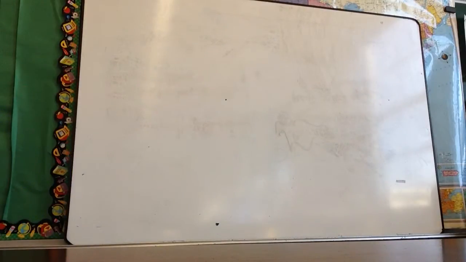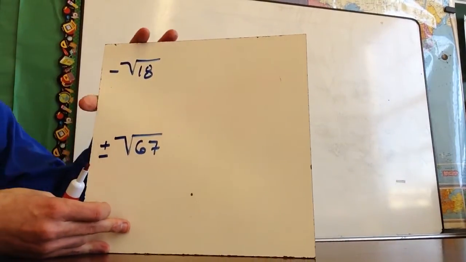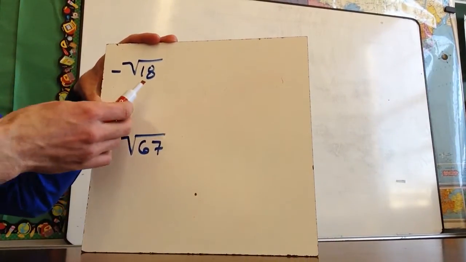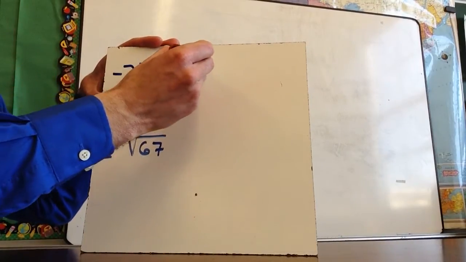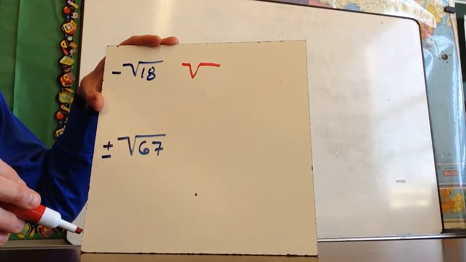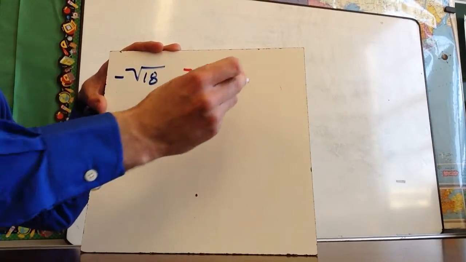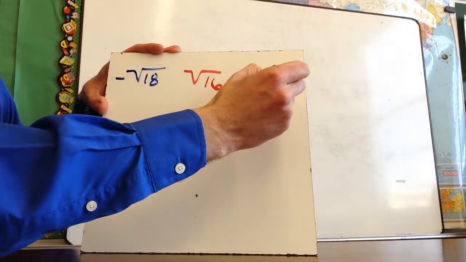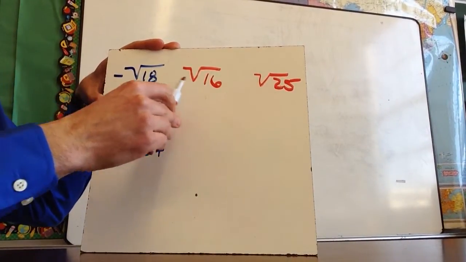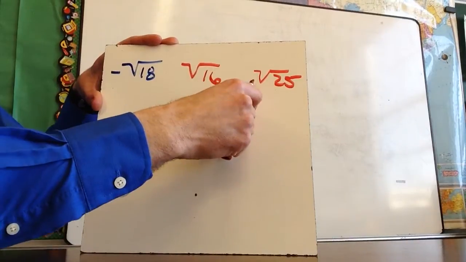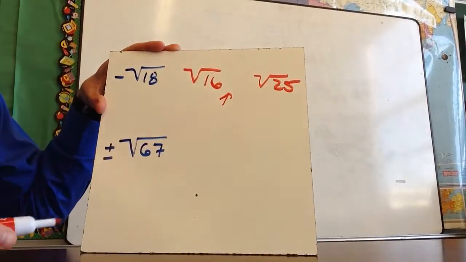All right, now let's talk about how to estimate. I want to try to solve these problems without necessarily using a calculator. So I know that the square root of 18 is going to be close to a number near 18. I know that 3 squared is 9, 4 squared is 16, 5 squared is 25, and so I know that 18 is somewhere between 16 and 25, and it's going to be closer to 16.